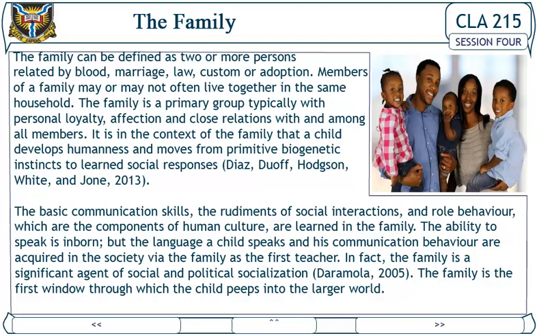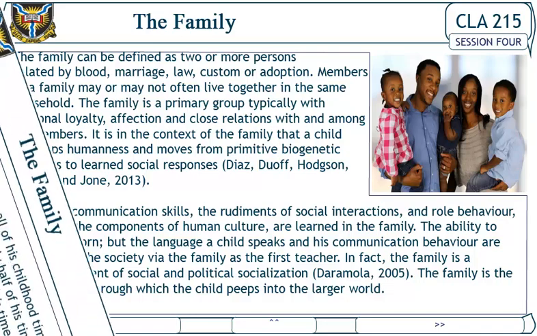The ability to speak is inborn, but the language a child speaks and its communication behavior are acquired in the society via the family as the first teacher. In fact, the family is a significant agent of social and political socialization (Daramola, 2005).